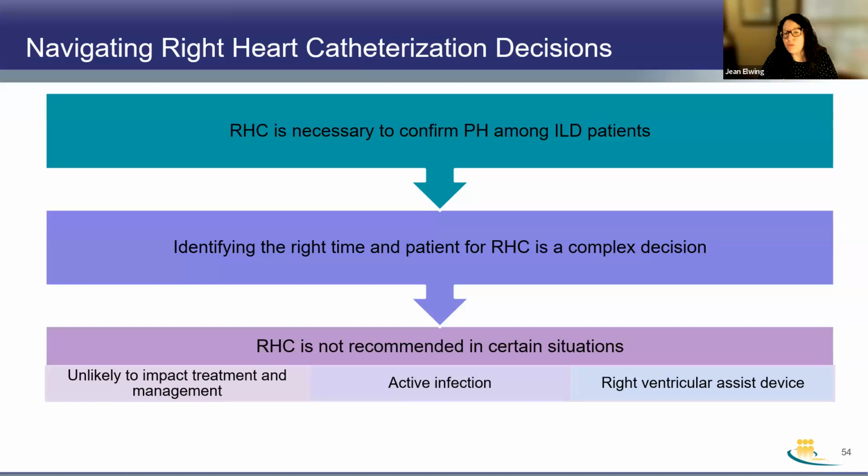Right heart catheterization would not be indicated if you're unlikely to treat the patient or the patient is acutely ill and fluid overloaded or has a right ventricular assist device or something that would alter your hemodynamics dramatically. So you want to wait, treat, recover prior to doing your right heart cath. So common sense approach to this, you want to optimize and evaluate in the appropriate patients.